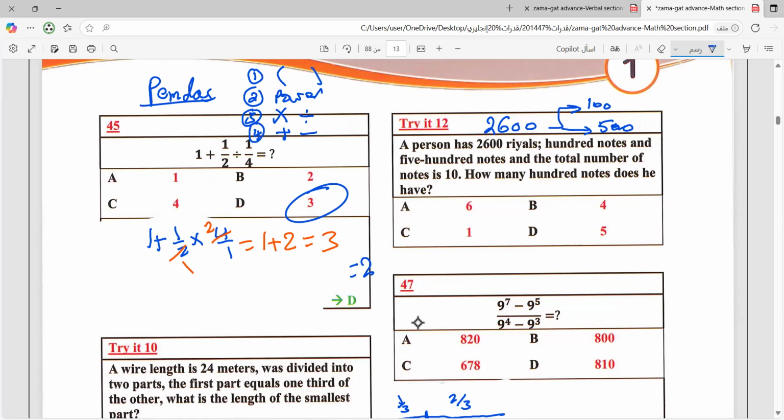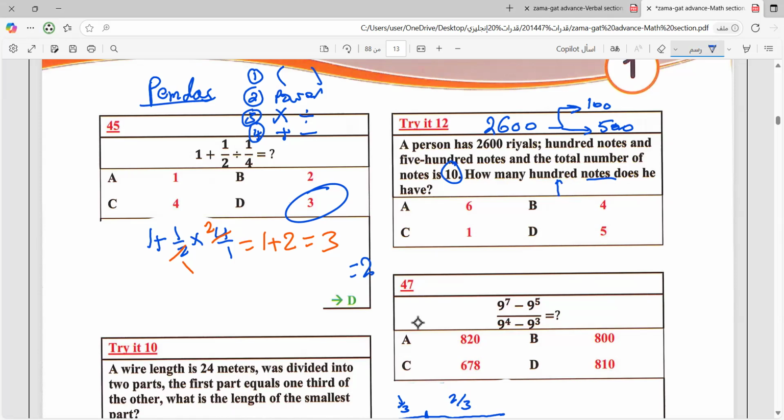And the total number of notes is 10. Now, how many 100 notes does he have? Ask about 100. Okay?